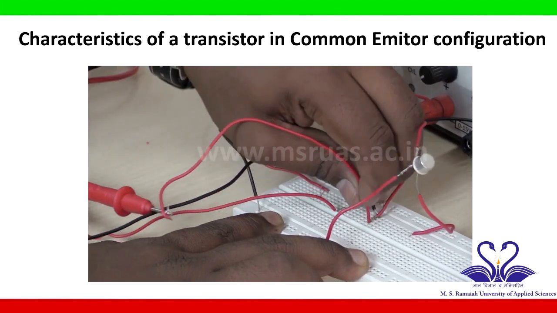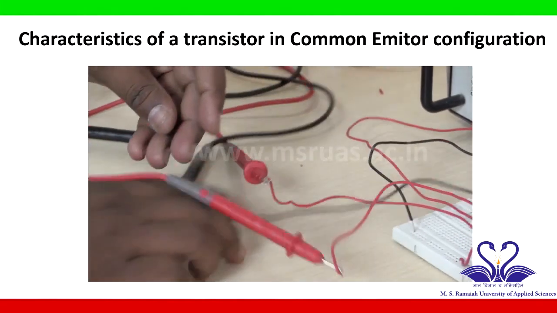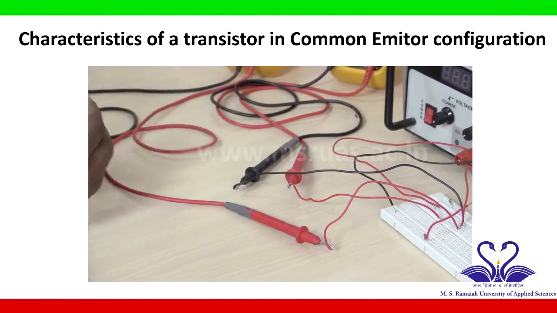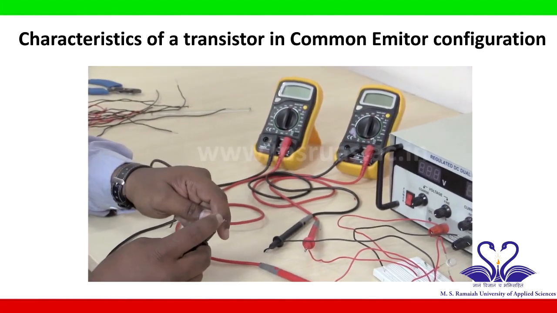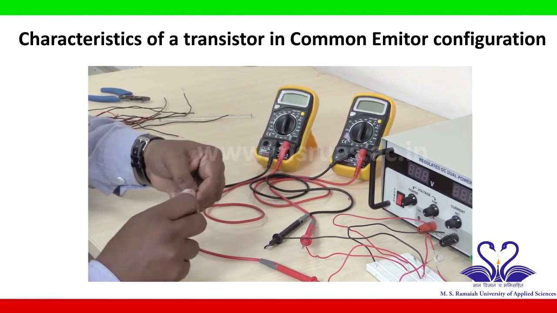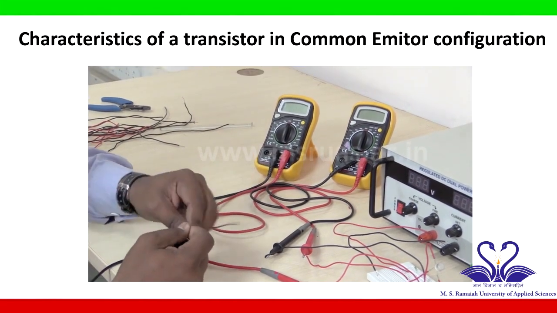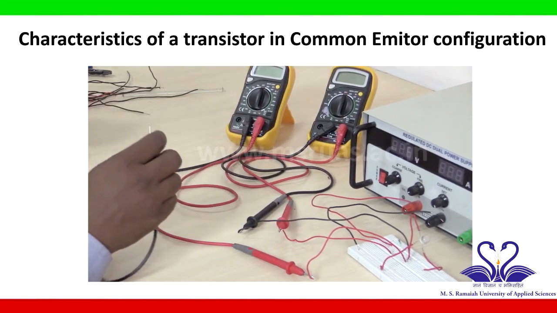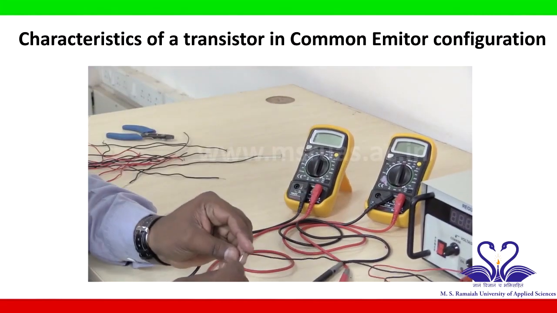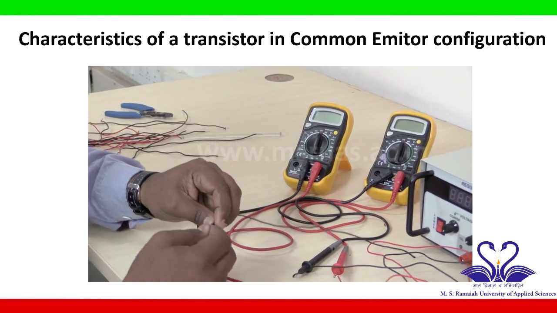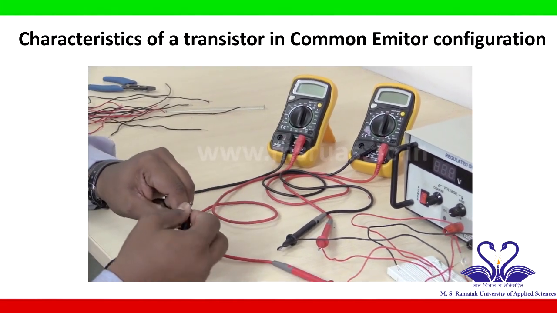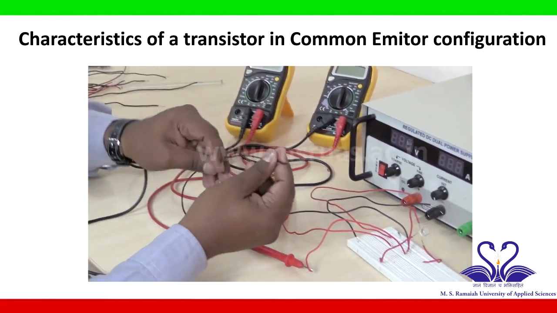and negative of the voltmeter is connected to the ground. So take one wire, connect to this negative, which is connected to the ground.